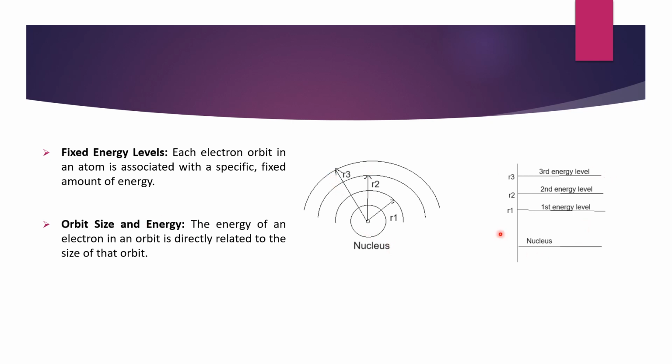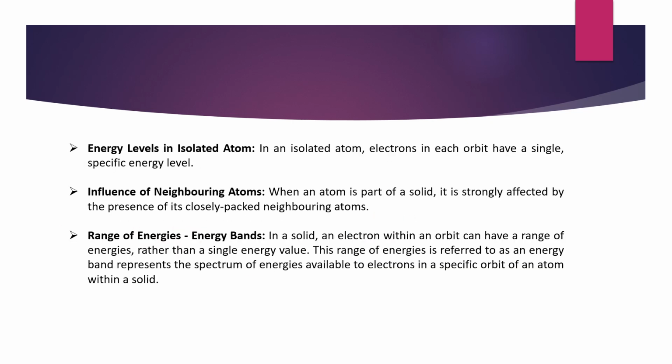On the right hand side, from the nucleus, is the first energy level, second and third. R1 has the first, R2 has the second and R3 has the third. So every orbit has some fixed energy, which is given here as a level. As the orbit size increases, the energy level also increases, right? The orbit size and energy relation is directly proportional.